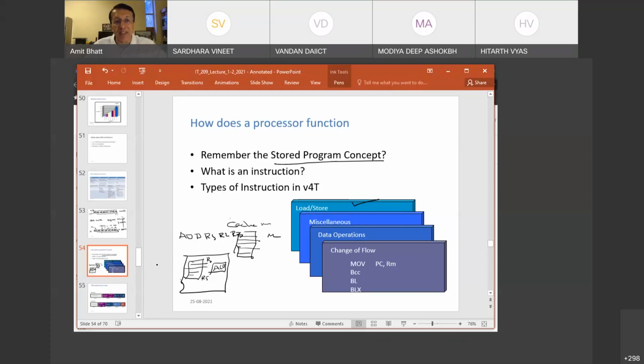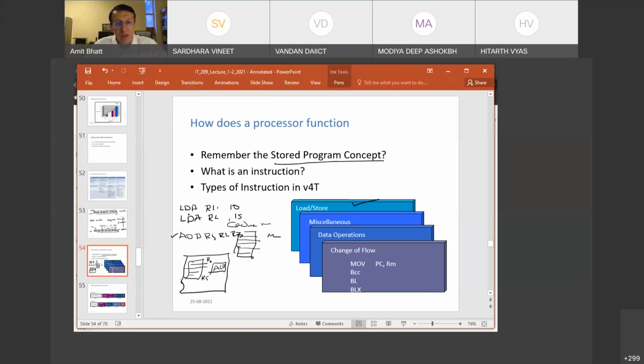Things are not going to come by magic. So you have to put in instructions like load some value into R1. So load R1 with 10. I'm not writing the exact syntax of this ARM architecture, just pseudo code. Then you will say load something into R2, say 15, and I'm writing in decimal instead of binary because it's easier to read. So then, only then you can use this instruction.